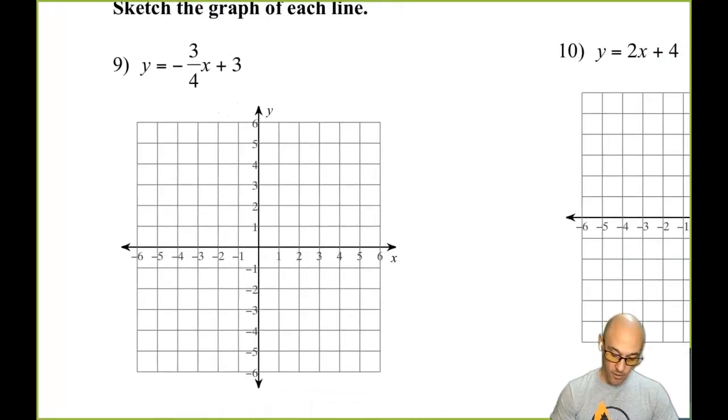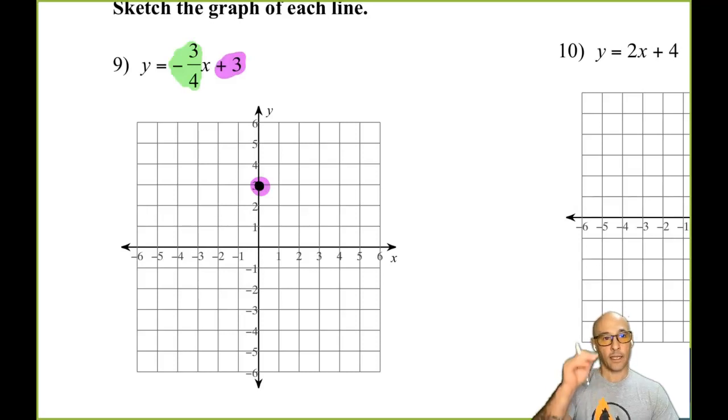All right, so here I'm going to start with my y-intercept, which is the point 0, 3. So I'm going to put a point right there at 0, 3. And I'll just highlight it with a little purple, pink, whatever color that is. I don't know. And then now my slope is negative 3/4.